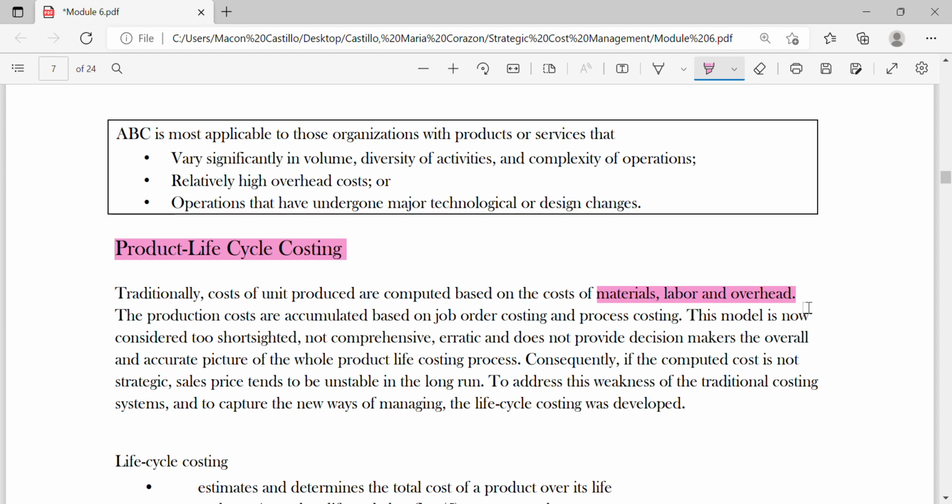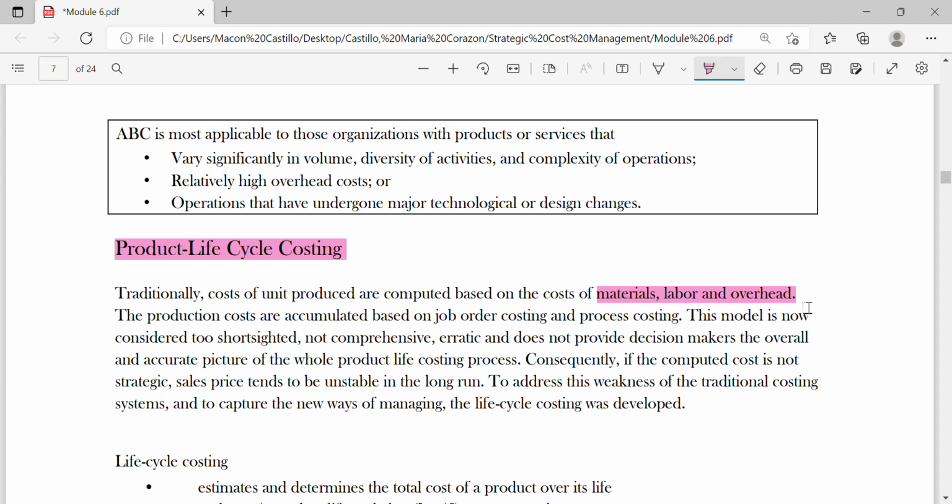And so if we want to get the whole picture of the entire life of the product, we have to consider also the activities before and after production. Because in these activities, certain expenditures are being incurred by the organization.